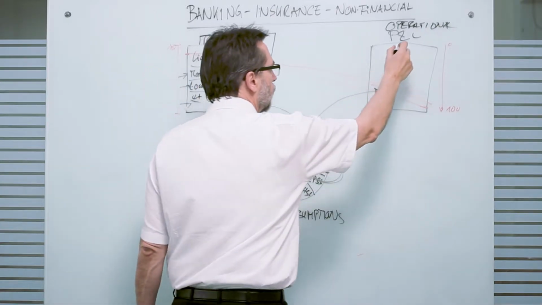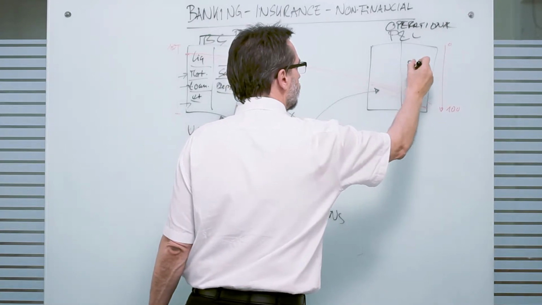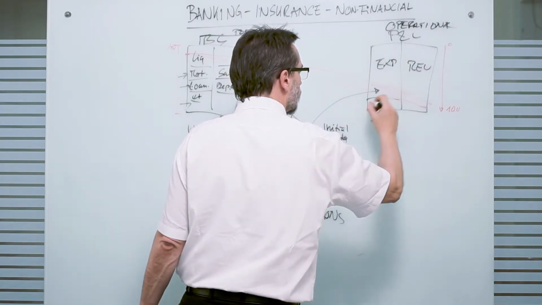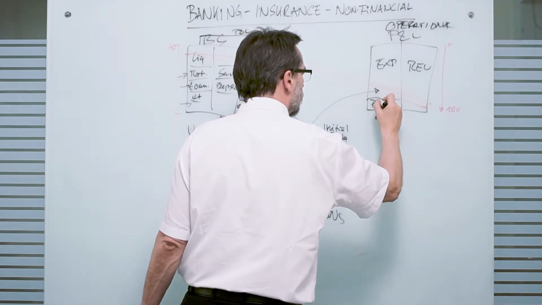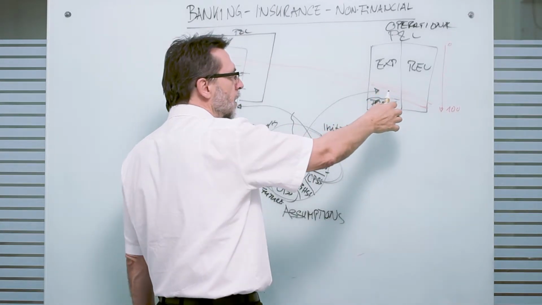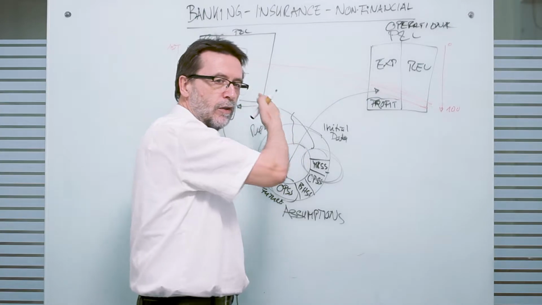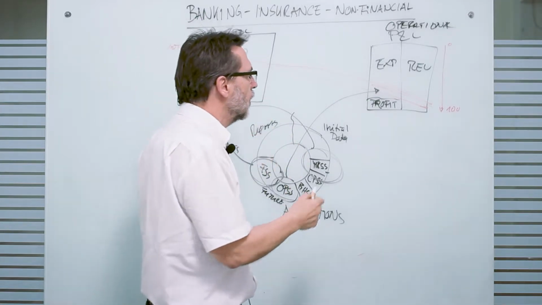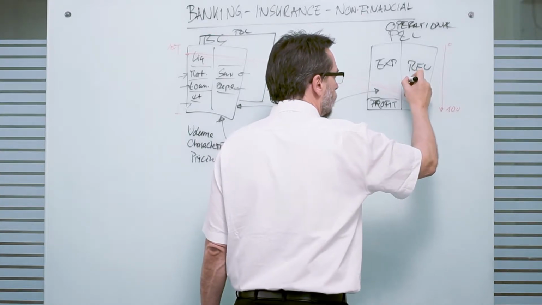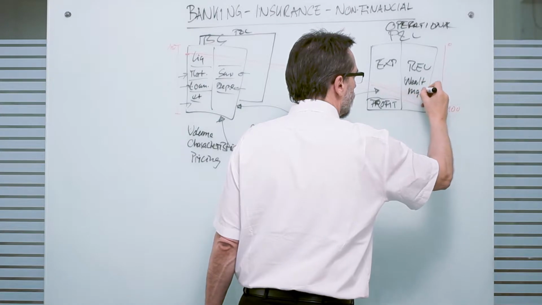So here we have revenue. Here we have expense, and the remaining is then the profit. So here we define how much additional revenue besides the revenue which we get from the financial business. For example, in a bank, it could be wealth management.